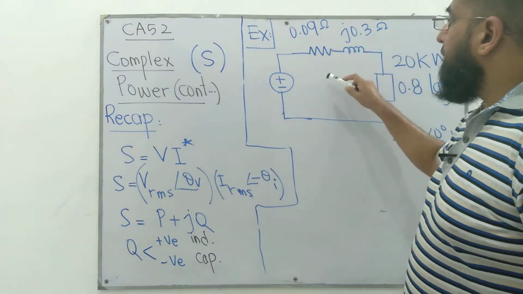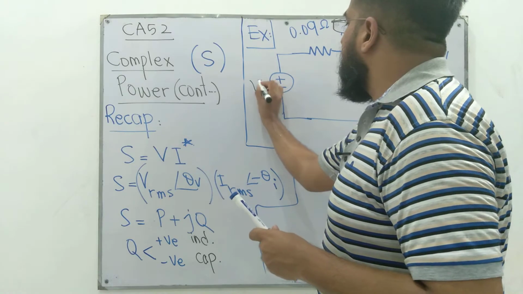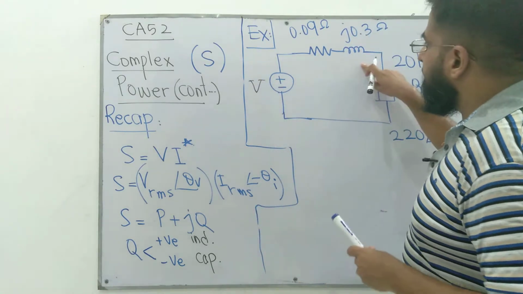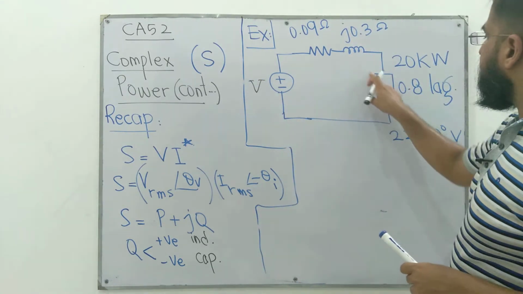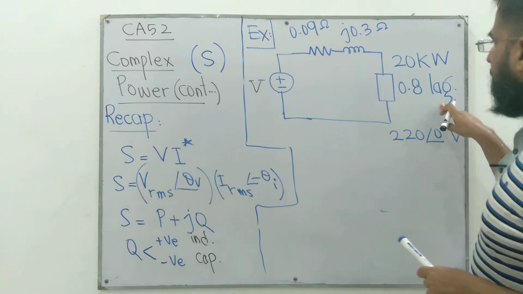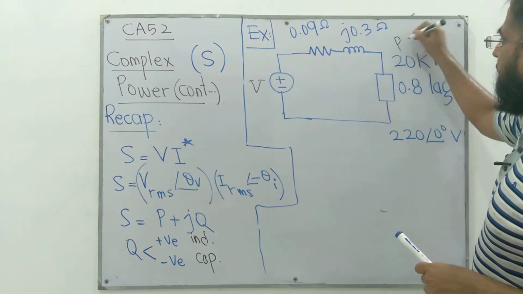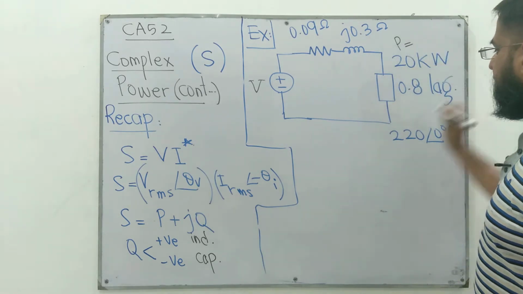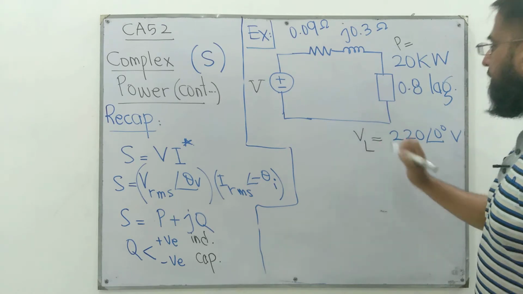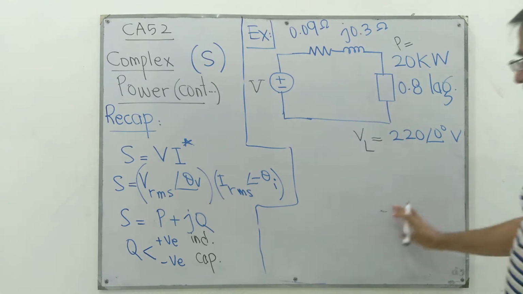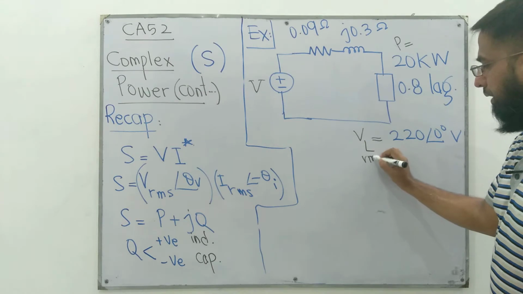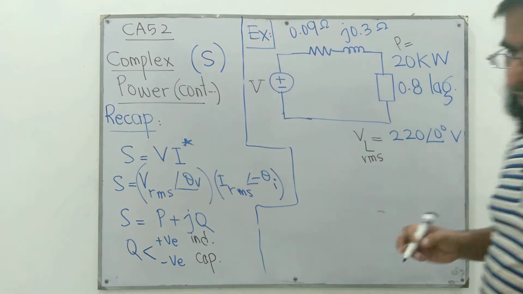In this lecture we will solve an example where we are given a source and a line which is supplying a load. It's a 0.8 power factor lagging load, drawing active power of 20 kilowatts, and the voltage across the load is 220 volts RMS, at an angle of 0.